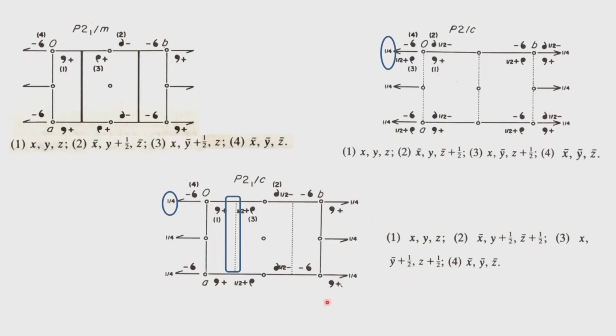What we will notice here in this case of P21 upon C is that if you have an object which is located at this particular point, you have the unit cell that is available to that particular object. Let us say it is a molecule.